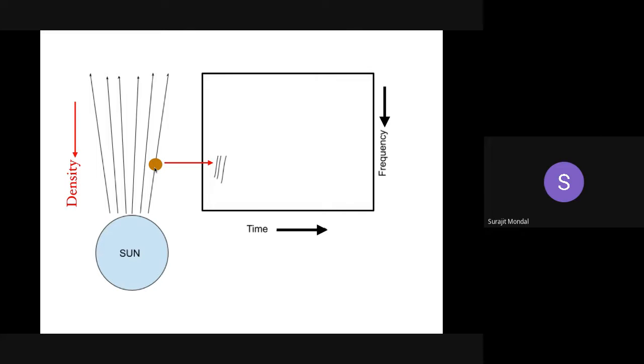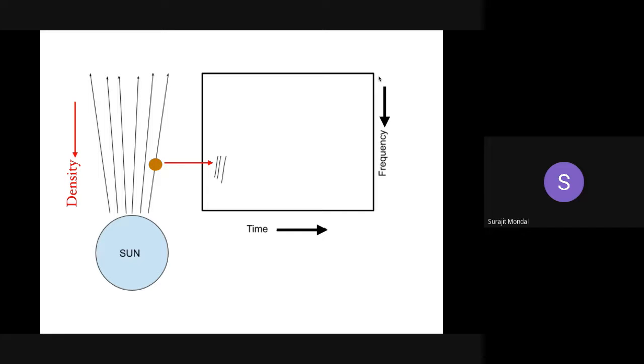I mentioned that the observed radio emission is proportional to the square root of the density. So let us, for the time being, say that this is the emission at this frequency and at this time. I forgot to mention, time increases along this axis and frequency increases along this axis. So as we go up along this axis, the frequency is actually decreasing.